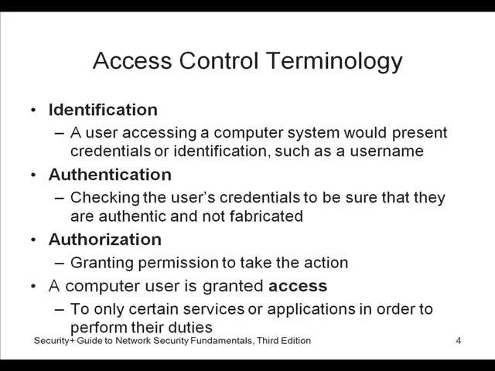Computer users are granted access to only certain services or applications in order to perform their duties. And this is what people should get access to. What if they get access to too many places? And I think later on they're talking about people say, oh, you don't trust me. Could be.